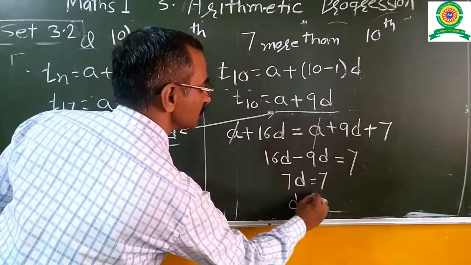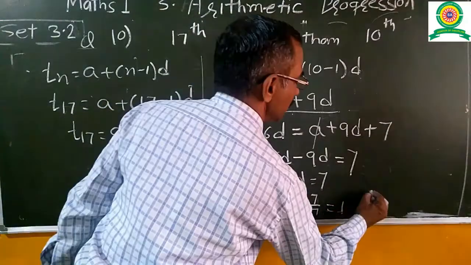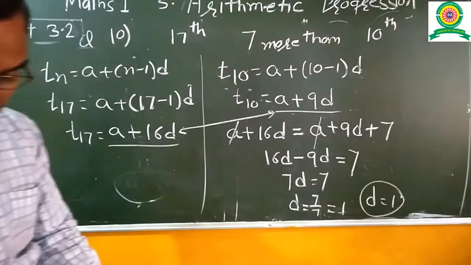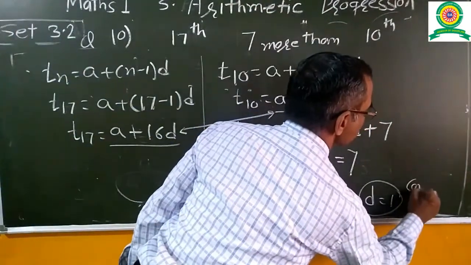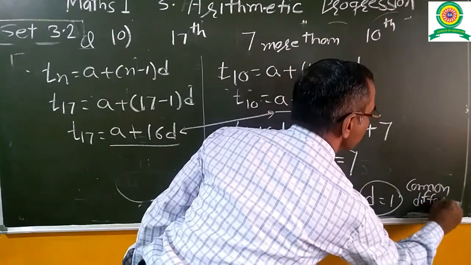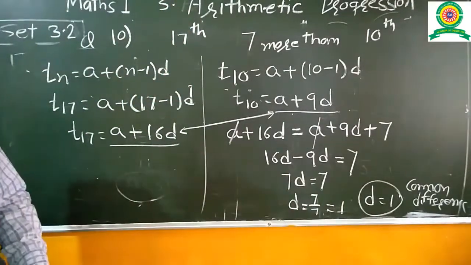D is equal to 7 upon 7, so D is equal to 1. This is our answer. They asked for the common difference, so D is equal to 1. Thank you.